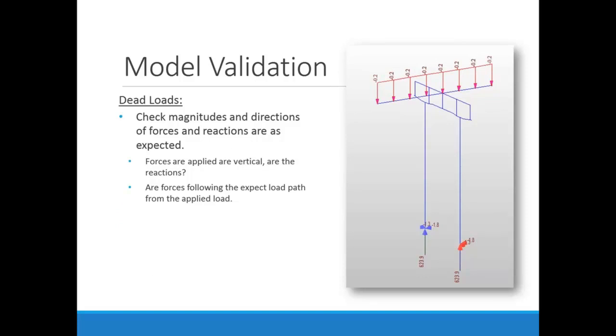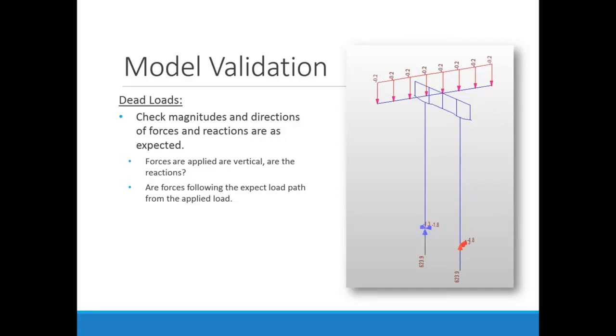The other thing is to check that the magnitude and direction of the forces and reactions you have are making sense. For instance, if you've got all vertical dead load on a pier and you're seeing very large longitudinal forces, chances are something is not quite right in the input.